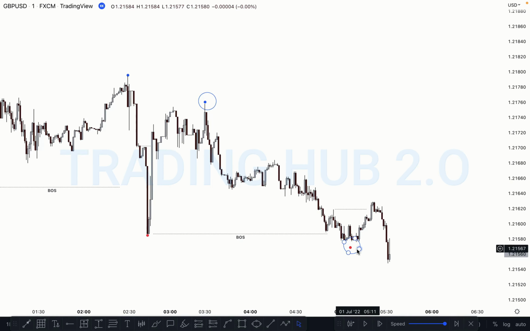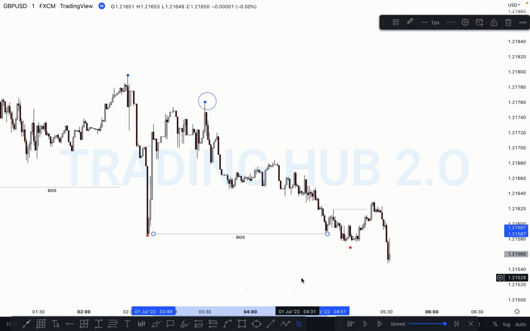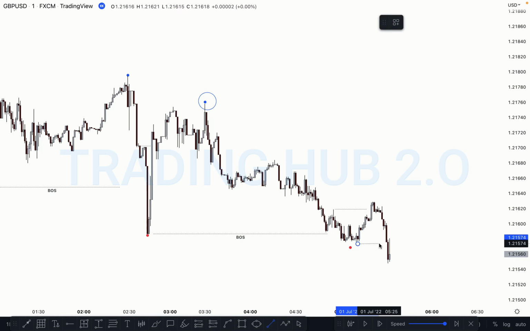Okay, price completely broke in a downside, as you can see here. So this move is called our break of structure, correct? This one is our break of structure. So where is our lower high? Mark here to here.